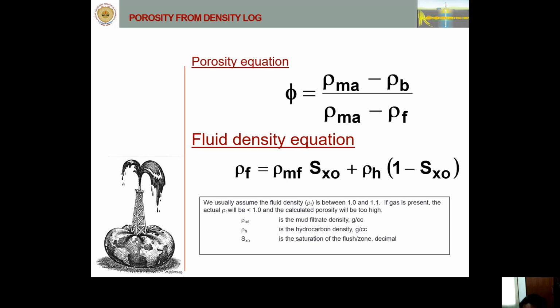If gas is present, the actual rho f will be less than 1.0 and the calculated porosity will be too high. Rho mf is the mud filtrate density, given in gram per cc. Rho h is the hydrocarbon density, and S xo is the saturation of the flush zone in decimal.